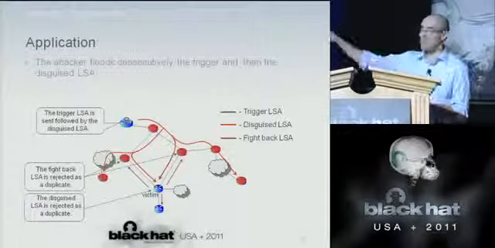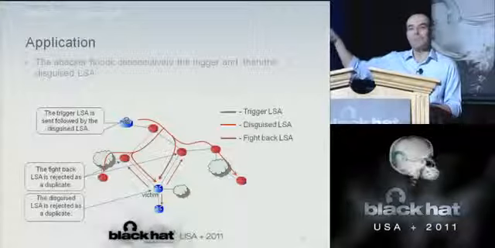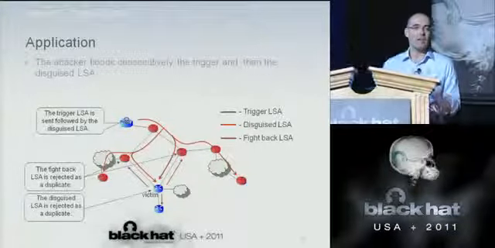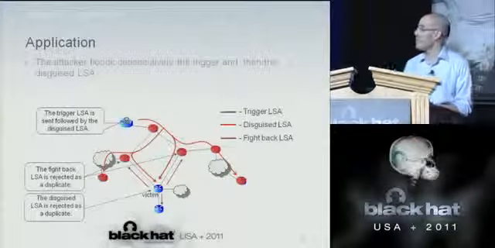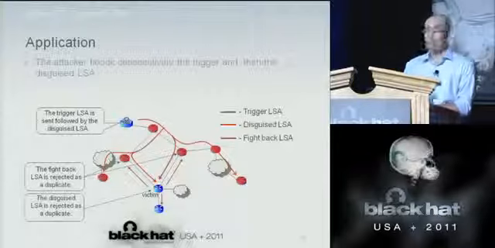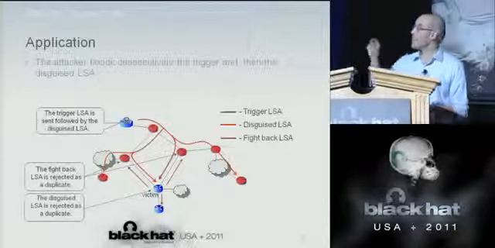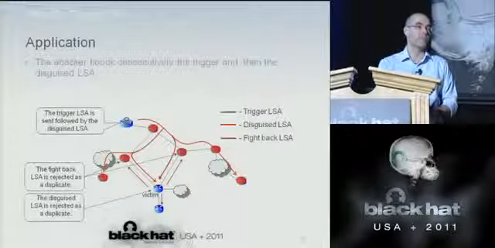So we have here a persistent state in which the attacker falsified an LSA of another router in a persistent way, without actually causing the fightback to be flooded throughout the network. Now, I would like to point out that the trigger as well as the disguised LSA are flooded locally in the autonomous system, on the local link of the attacker.